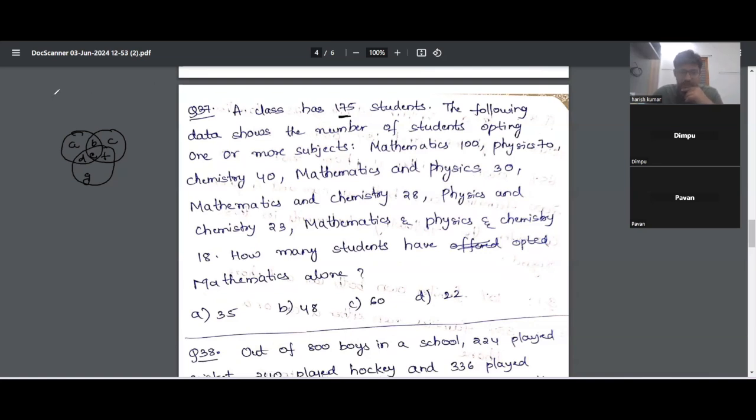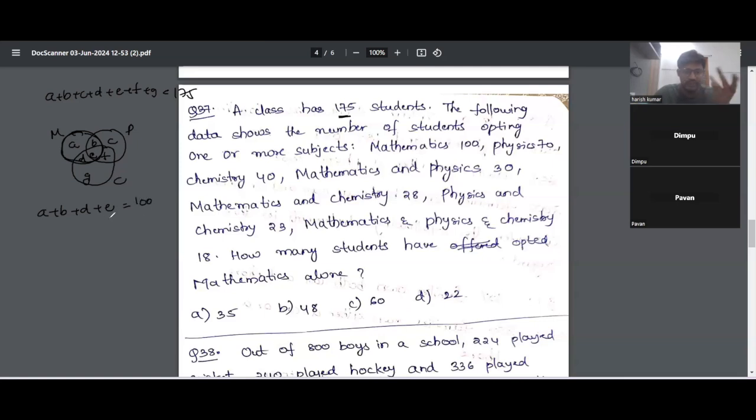That means A plus B plus C plus D plus E plus F plus G is 175. Mathematics is opted by 100, so mathematics is A plus B plus D plus E. This is mathematics, this is physics, this is chemistry. So this entire thing is mathematics, which is 100.